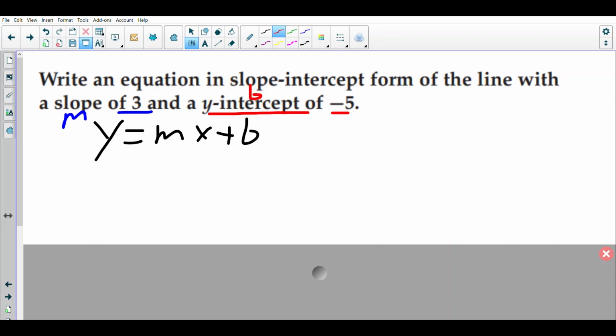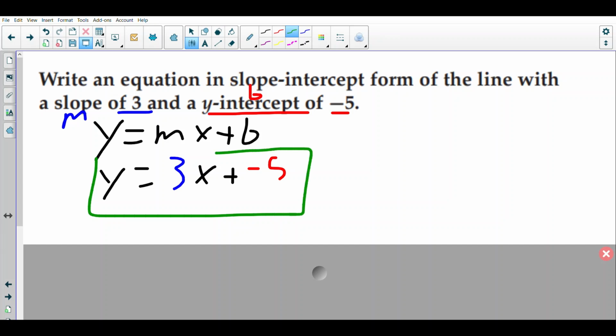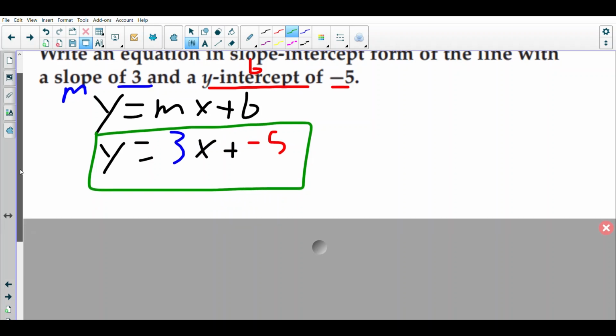All we have to do is plug in where we need to. So we get y equals m, which is just 3, x and y stay the same, plus b, which is -5. And there it is. That's your answer: y equals 3x plus -5. You could also write 3x minus 5 if you would so prefer, but you do not have to.